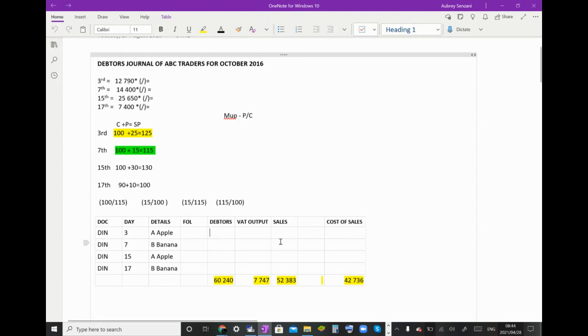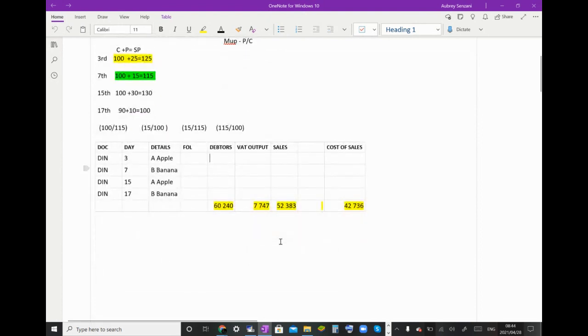So you come to your debtors and you say, okay, how much was this amount? It was 12,790. It's the VAT inclusive under the debtors column. Then we say, okay, whenever we make a sale, we know that we owe SARS. So what do we need to do? We now need to calculate how much of this belongs to SARS. So then we say, okay, cool, no problem. What we want is the VAT exclusive.